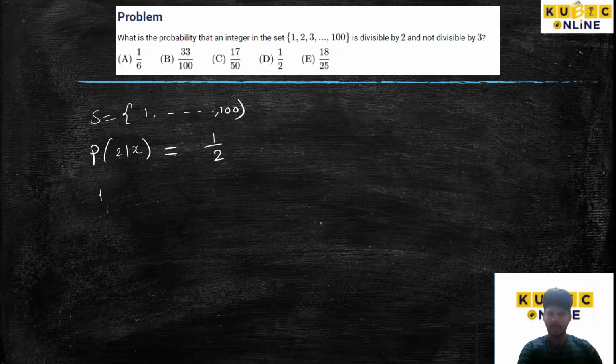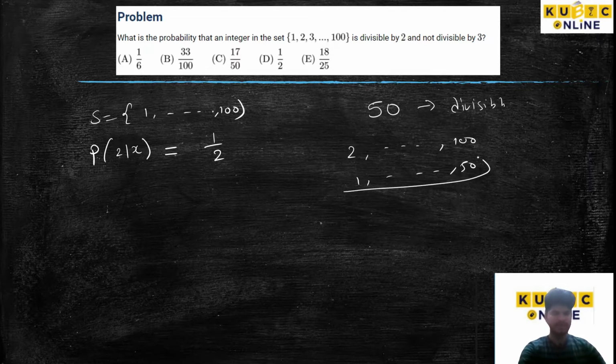And the probability that it is divisible by 2 but not divisible by 3 means numbers divisible by 2 minus numbers divisible by 6. So let us find out. There are 50 numbers divisible by 2: 2 up to 100, so 1 to 50.